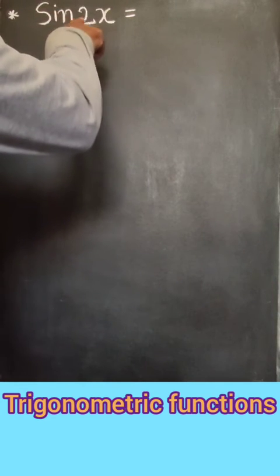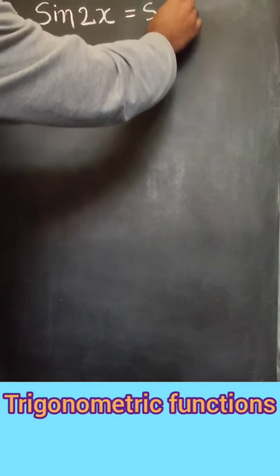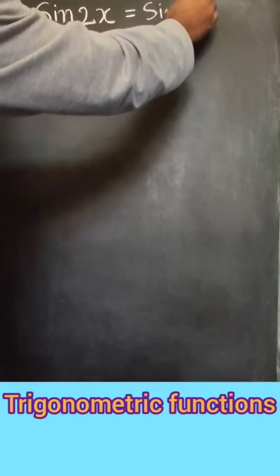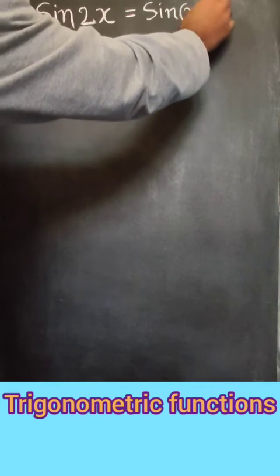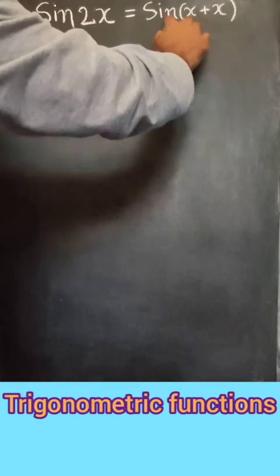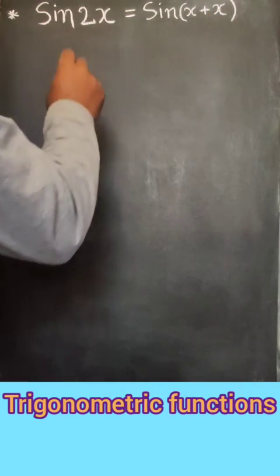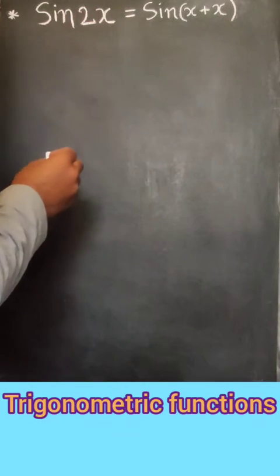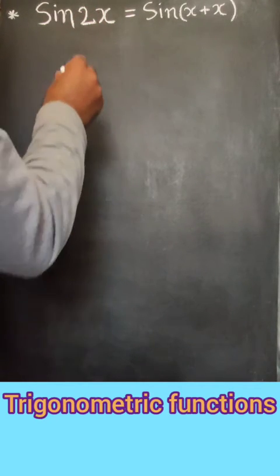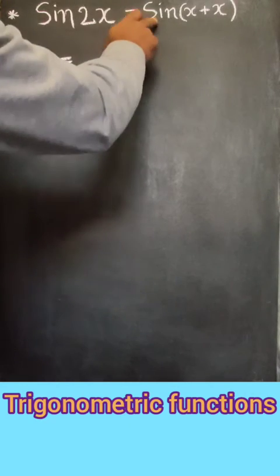We can write sine 2x as sine of x plus x, that is sine 2x. Now we know that sine of x plus y is sine x cos y plus cos x sine y. So we use the formula here.